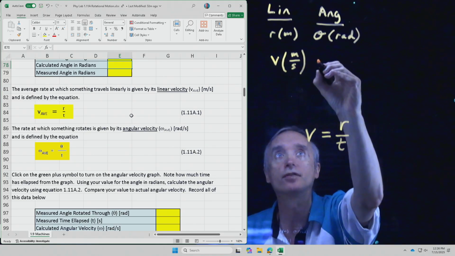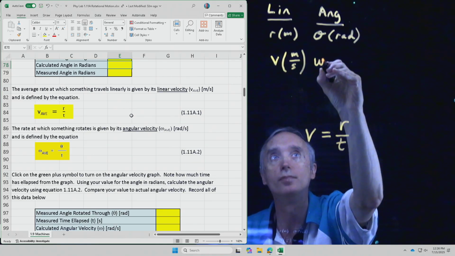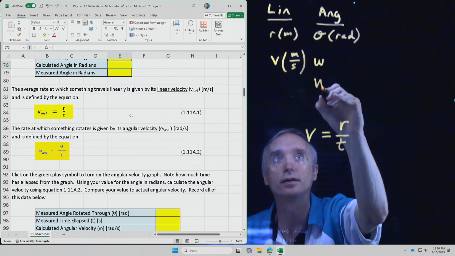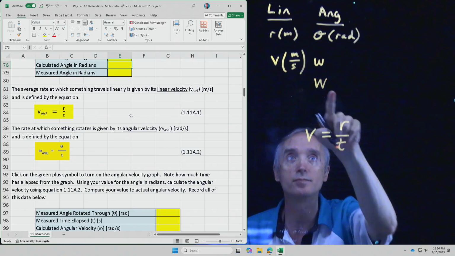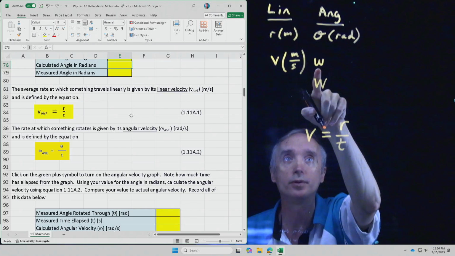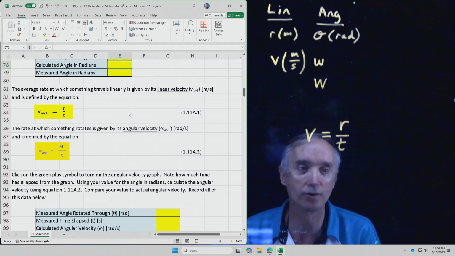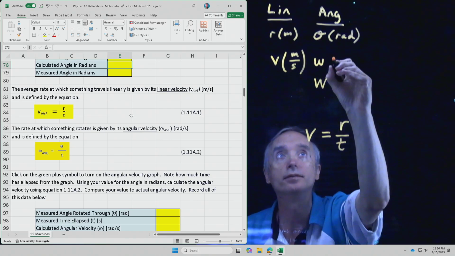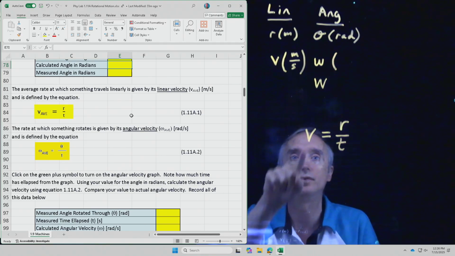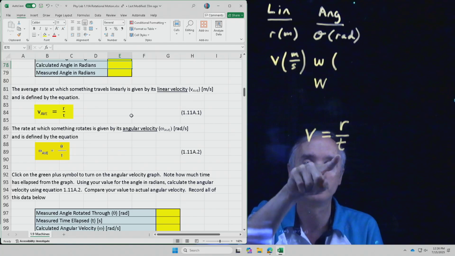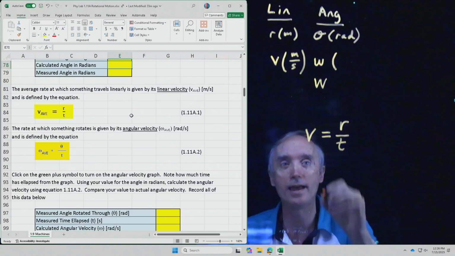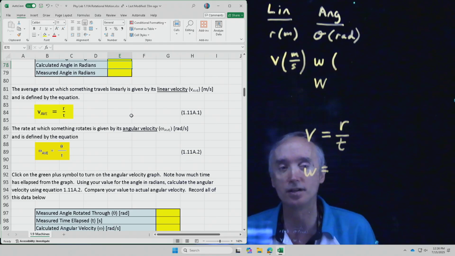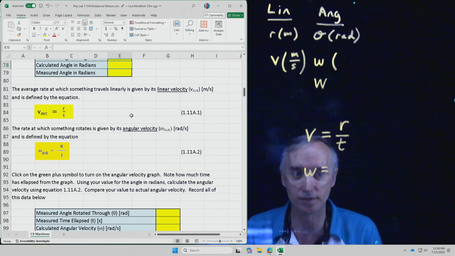Now, it does have a different letter. This is called omega, and it's a good thing to make it like that and not like this, because this means work, and then this one up here is the Greek letter for it. So that's called omega. And then, just like we could do it for linear velocity, we could do it for angular velocity. So omega, angular velocity, is going to be angular distance.